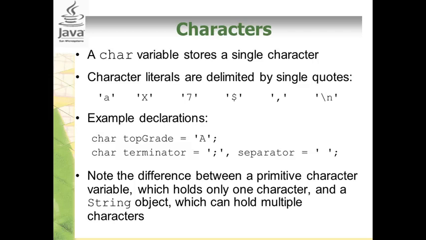Whereas a character data type can contain only one character and should be in a pair of single quotes. Again, a character data type can only store one character with a pair of single quotes. When we compare to the string, a string can contain many characters, and it should be enclosed with double quotes.